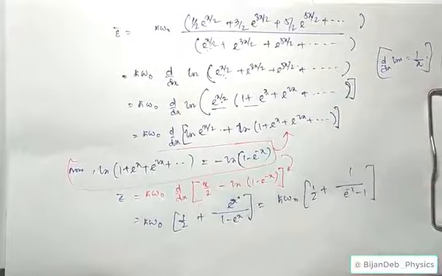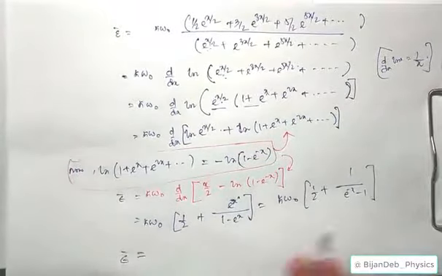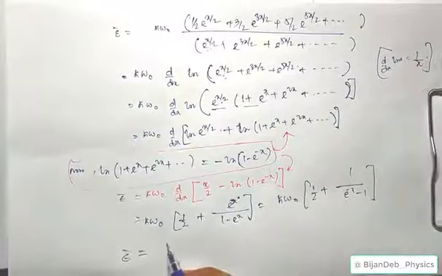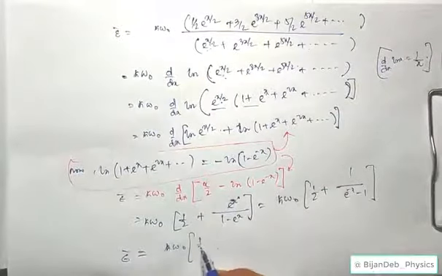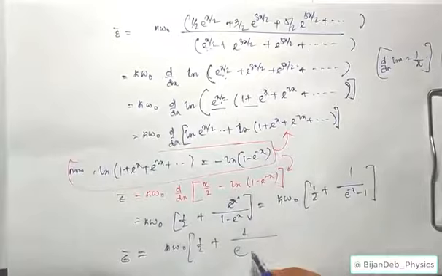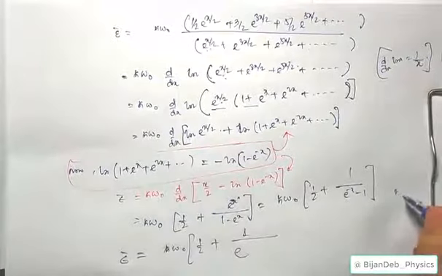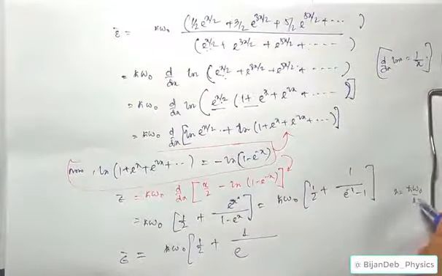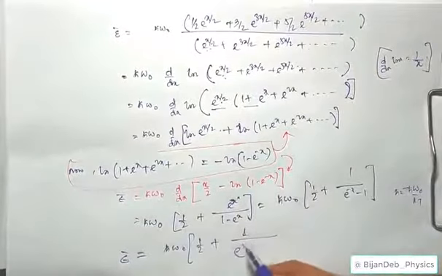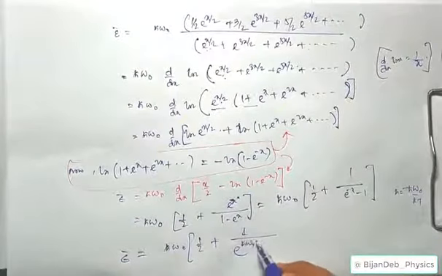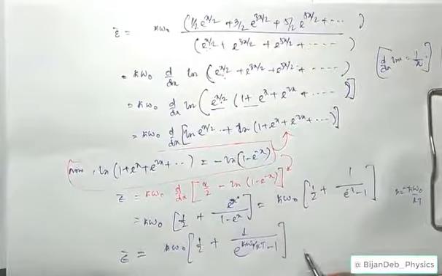Okay, now if you substitute this x factor, so h cross omega 0, it will be half plus 1 by e to the power x, what was x? x was minus h cross omega 0 by kT. So if you put this, minus minus will be plus, so it will be e to the power h cross omega 0 by kT minus 1.